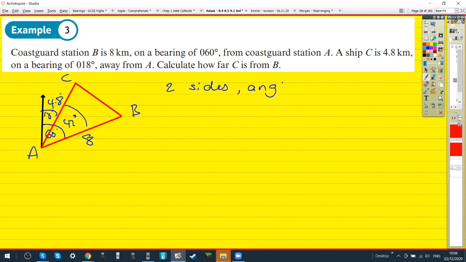No. Cosine rule. So would it be 8 cosine 42? Nope. Cosine rule. It's a bit like Pythagoras. Do you remember the cosine rule? C squared equals A squared plus B squared minus 2AB cos C. Well done.